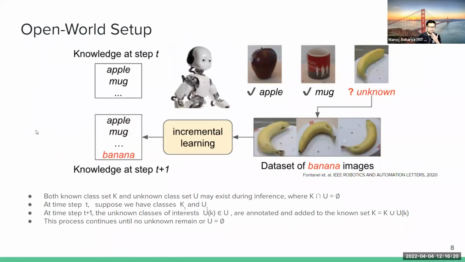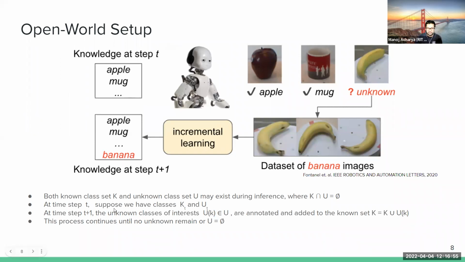Compared to this, how does it fit into an open world setup, right? In open world, it's assumed that at time step t, you have knowledge of some categories. Let's say you know about apple and mug, but you don't know about bananas. After some learning, you are quite confident that the model has learned about bananas. You go ahead and incrementally update your model, meaning your knowledge at time step t+1 now also includes the banana category.